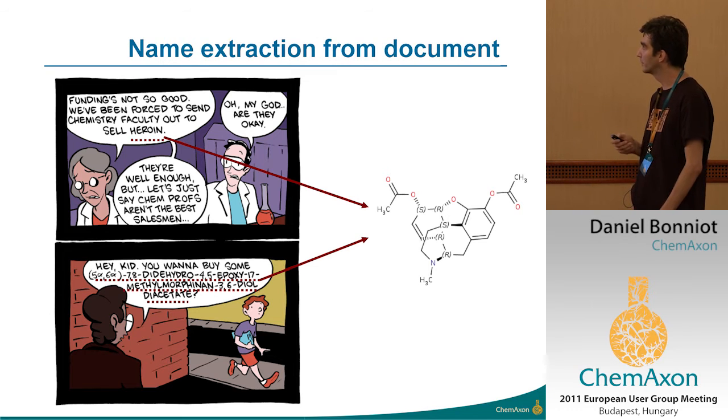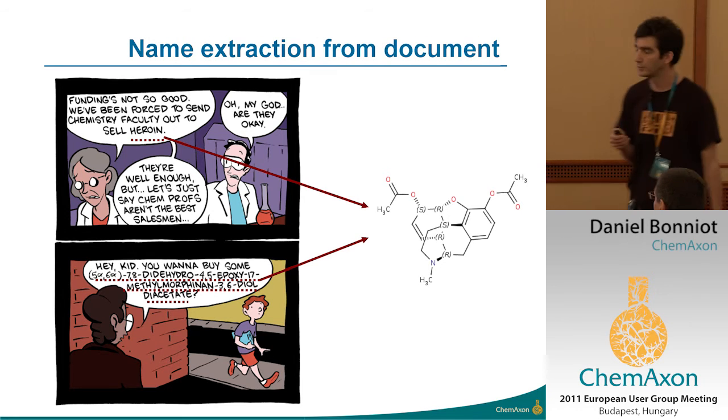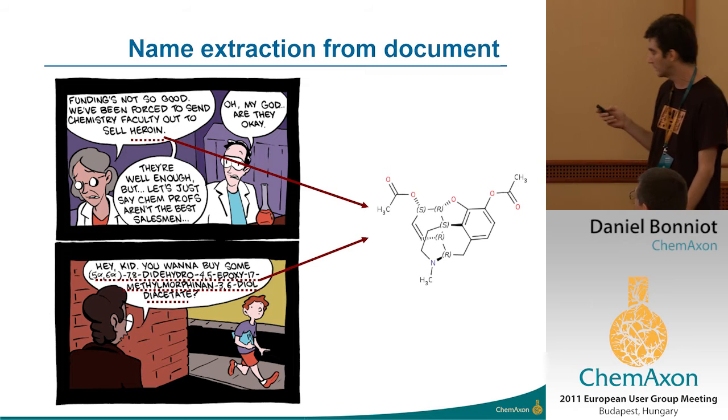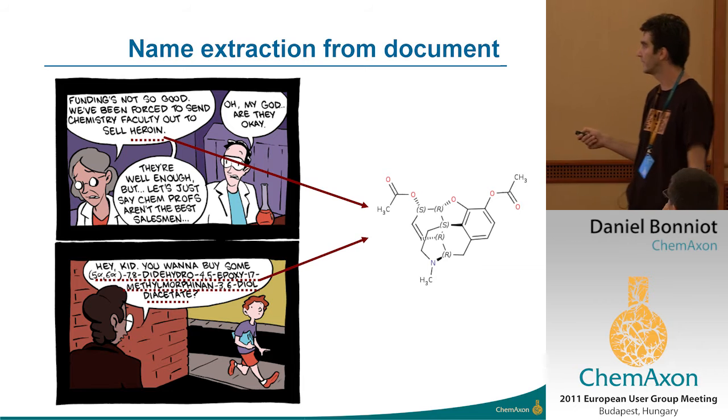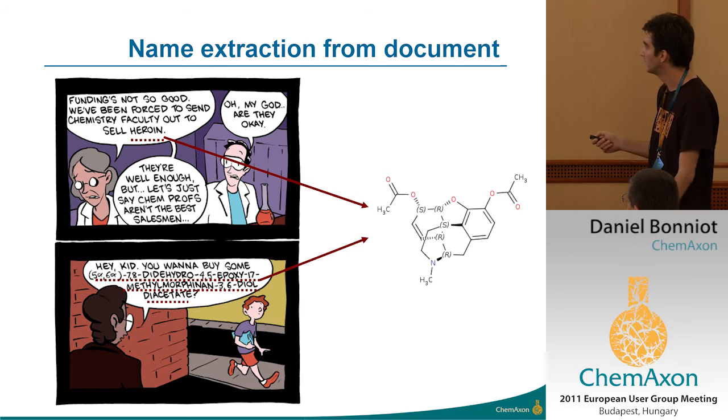Then we have a product called document to structure, so extracting the names from the document. So it's going to spot that reading this text, this is a name, and so here you see dotted lines, which just meant that it was found inside this free text, and the same for the systematic name.